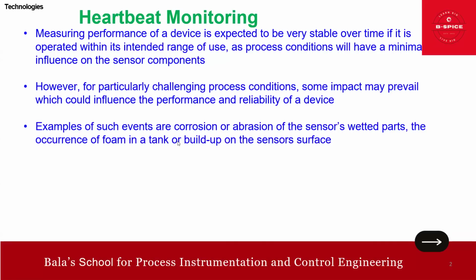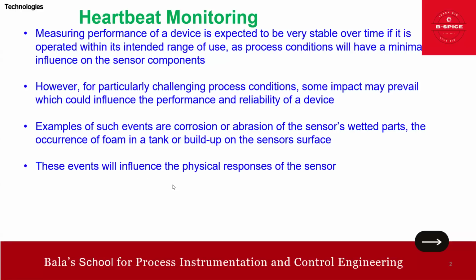Examples of such events are corrosion or abrasion of the sensor, the transmitter sensors, the diaphragm, all these. Also the occurrence of foam in a tank or buildup on the sensors. These are some of the challenging process scenarios, right? These events will influence the physical responses of the sensor.